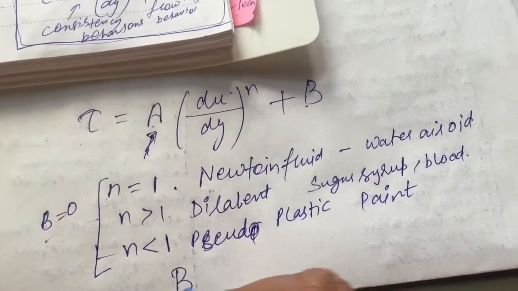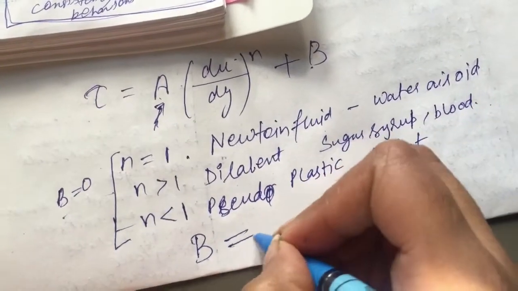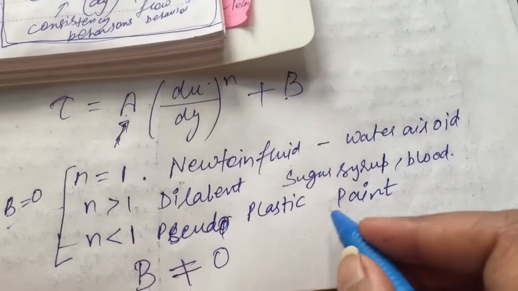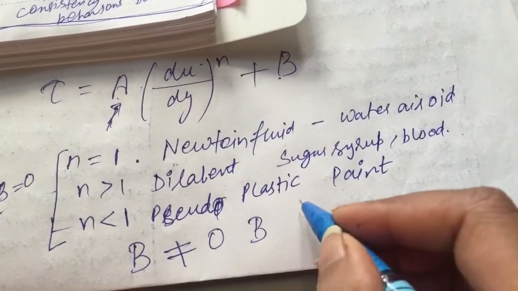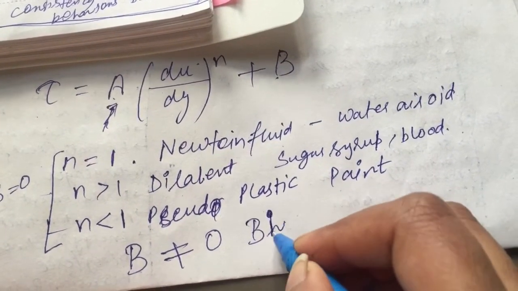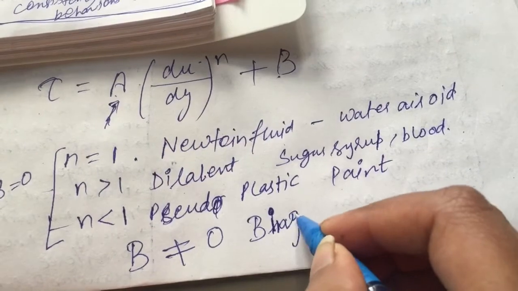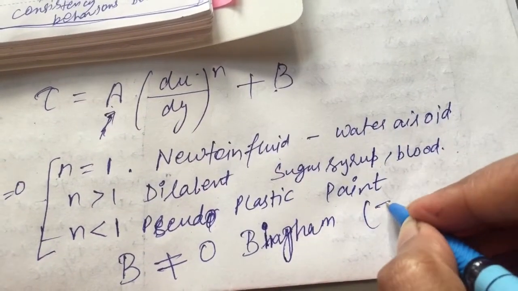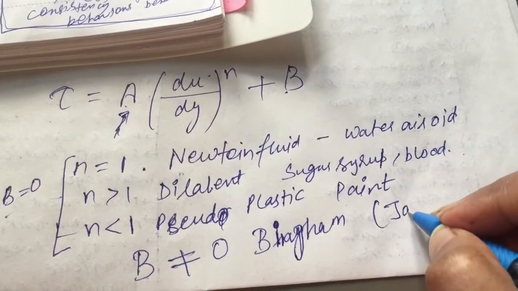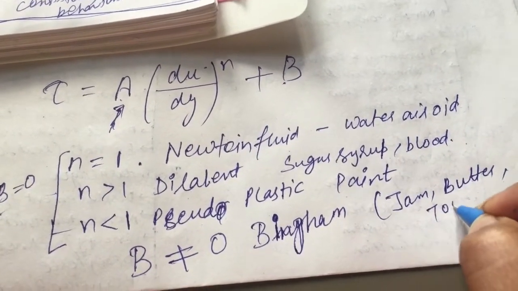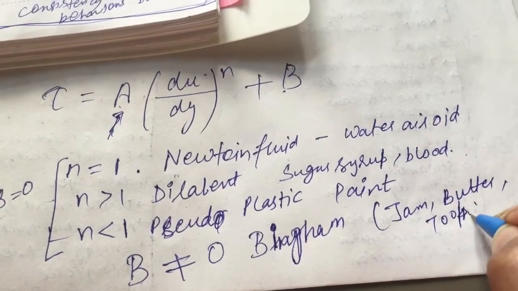Then if b is not equal to 0, that non-Newtonian fluid is called Bingham. Examples of Bingham fluids are jam, butter, toothpaste.